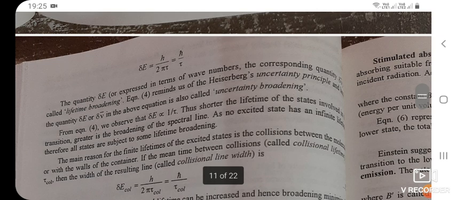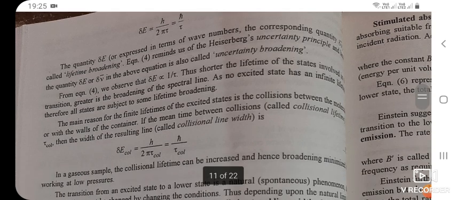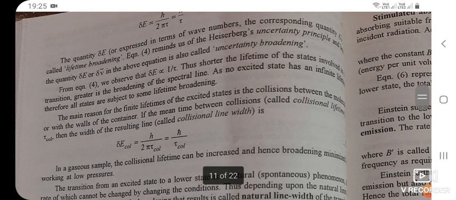The quantity delta E in terms of wave numbers is the corresponding quantity called lifetime broadening. Equation 4 reminds us of Heisenberg's uncertainty principle, and the quantity delta E in the above equation is called the uncertainty broadening. From equation 4 we observe that delta E is inversely proportional to tau.